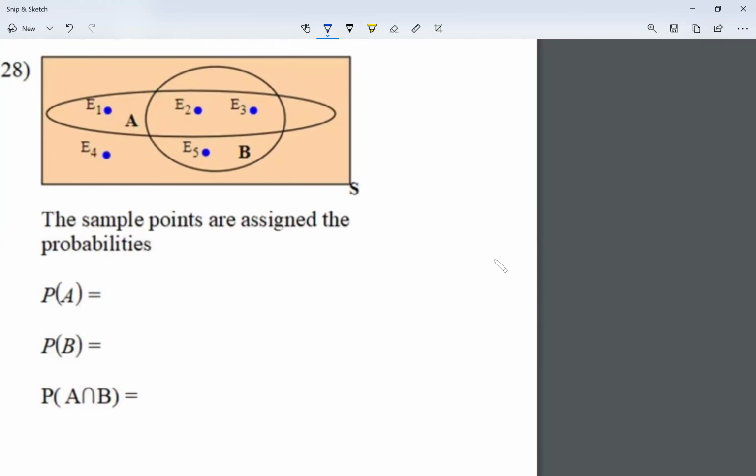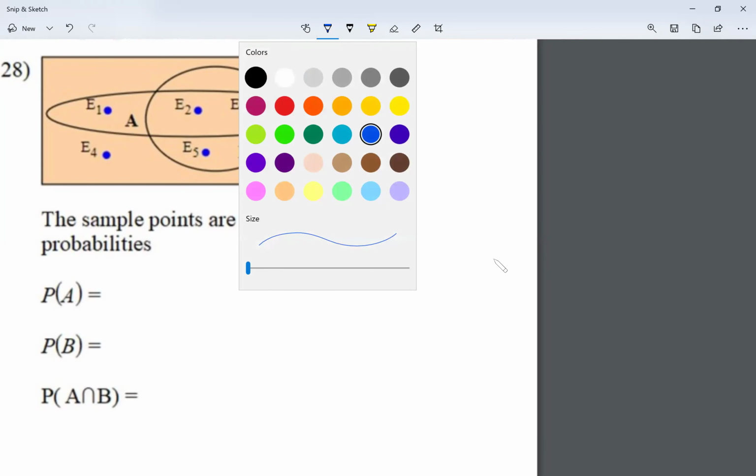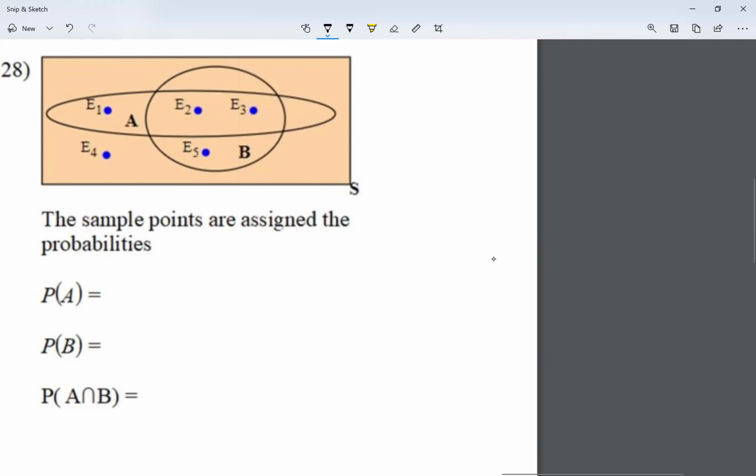Now, here, I don't see which values there are. So for this example, let's say they are all equally likely. There's 5 points, right? There's point 1, point 2, point 3, point 4, and point 5.